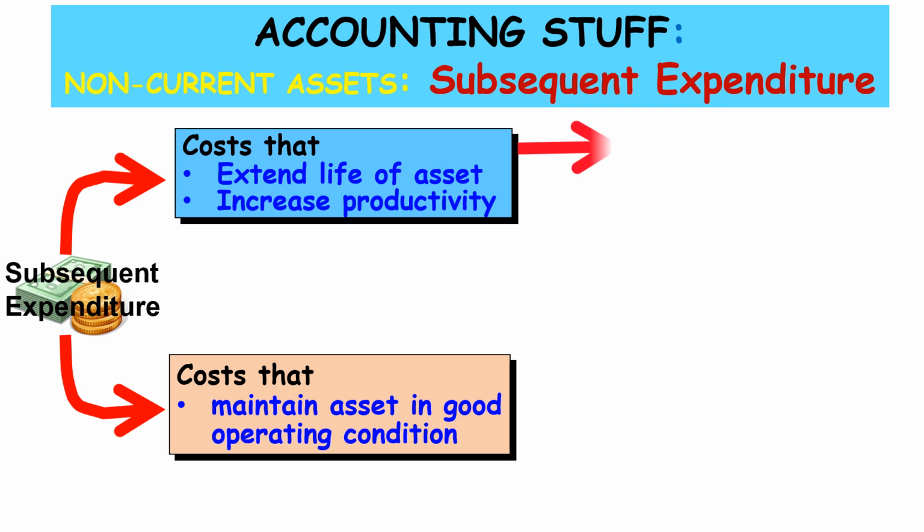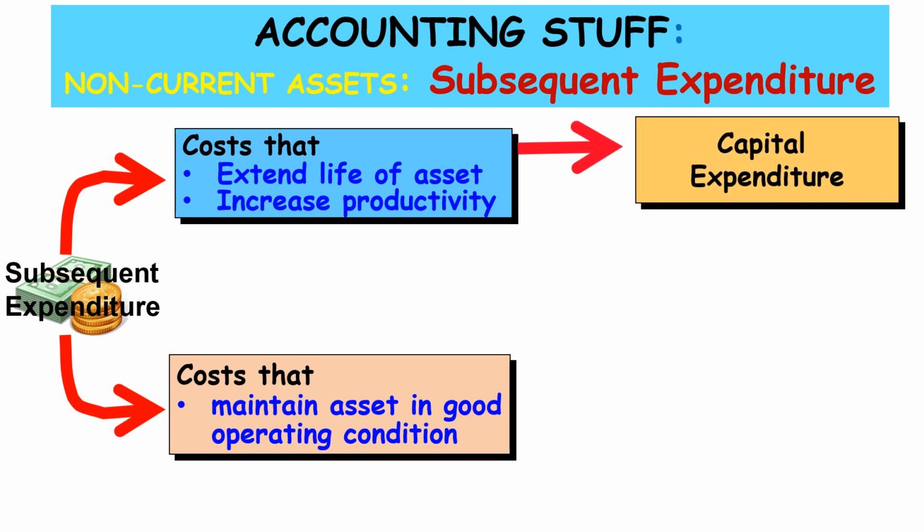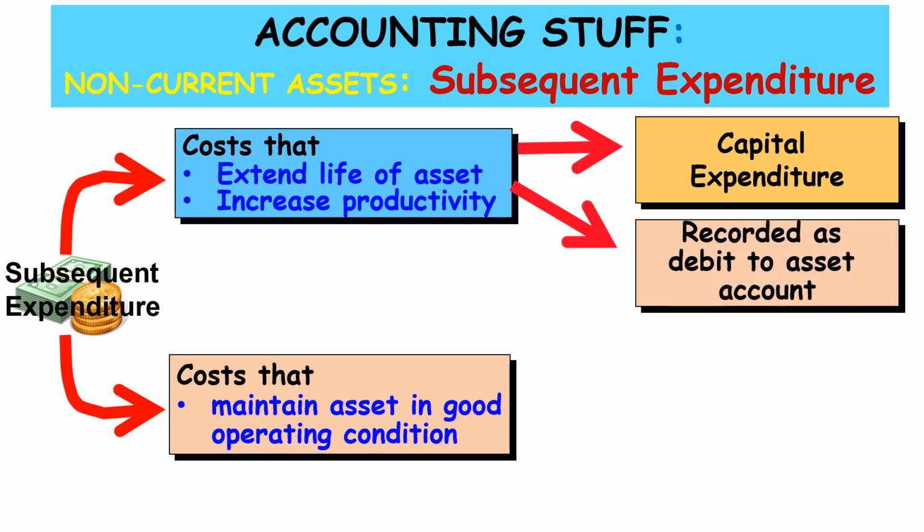If it does the first one, we call that capital expenditure, and that needs to be recorded as an asset. So for example, if there is a major change in the asset, money spent to change the asset in a significant way where the life of the asset increases or its efficiency improves, we will call that capital expenditure and record this as an asset.